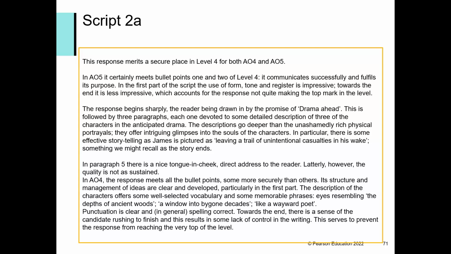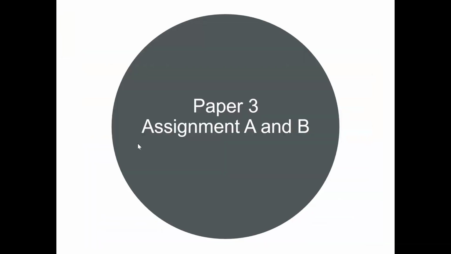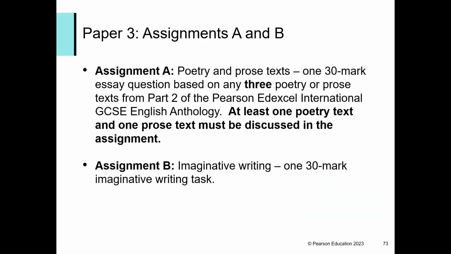Okay, so we're going to move on now to just having a little think about if any of you are going for the coursework route. And just a reminder here that the requirements for the coursework paper 3 are different to the requirements for the exam route paper 2, and that the requirements have changed.